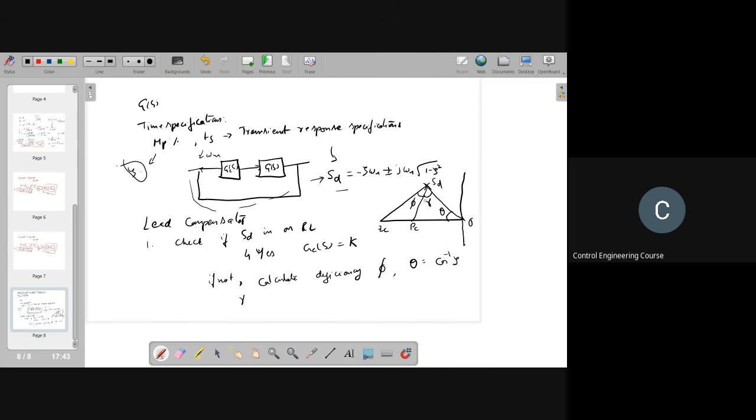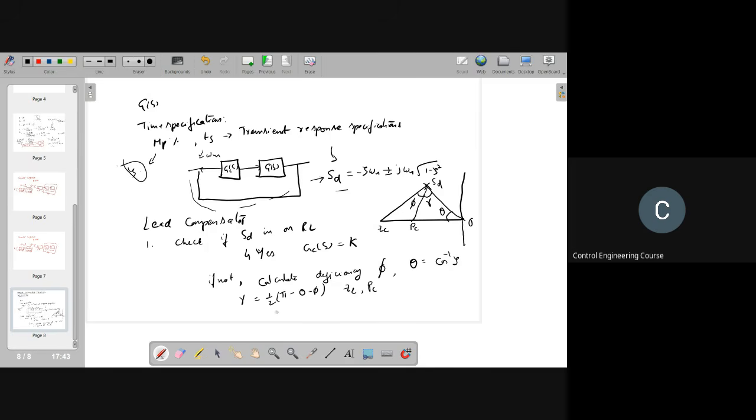So we calculate first gamma using an empirical formula, that is 1 by 2 into pi minus theta minus phi. Then you calculate Zc and Pc, right?